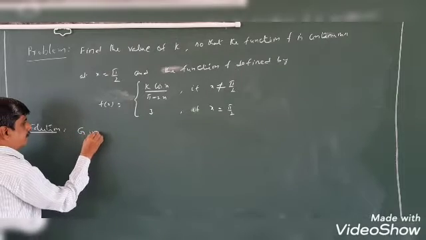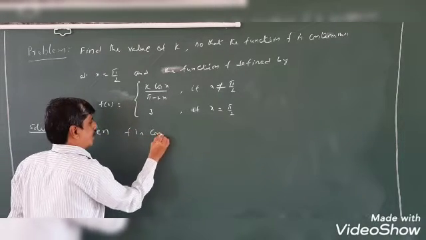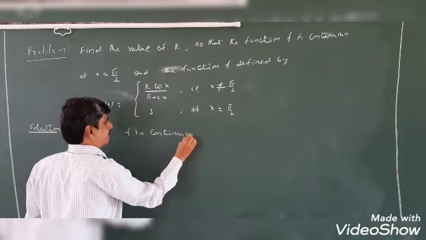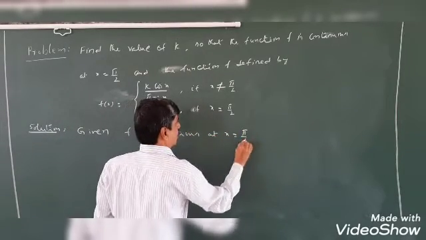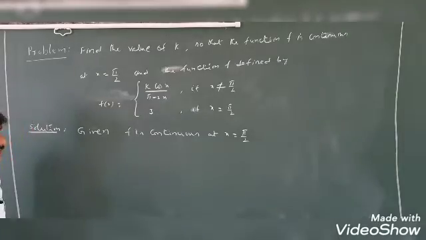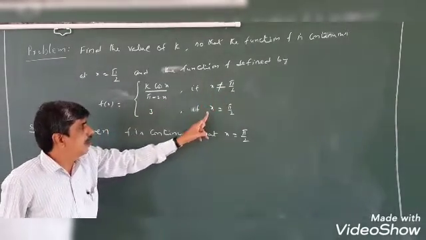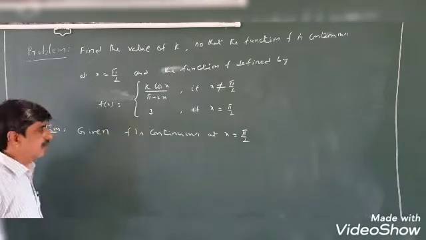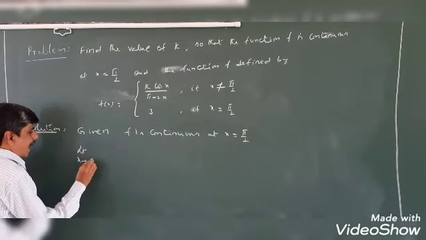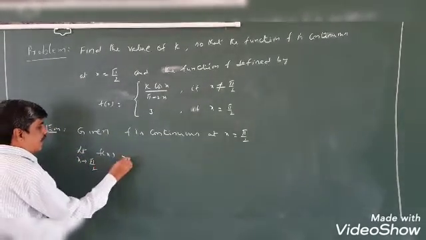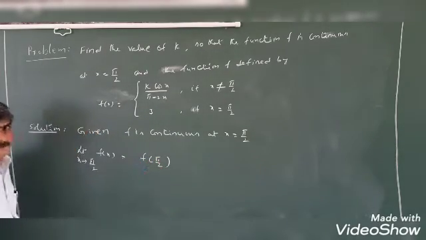Given f is continuous at x is equal to pi by 2. Here the function is defined for x not equal to pi by 2 and for x is equal to pi by 2. So due to that reason, limit x tends to pi by 2 f of x is equal to f of pi by 2.